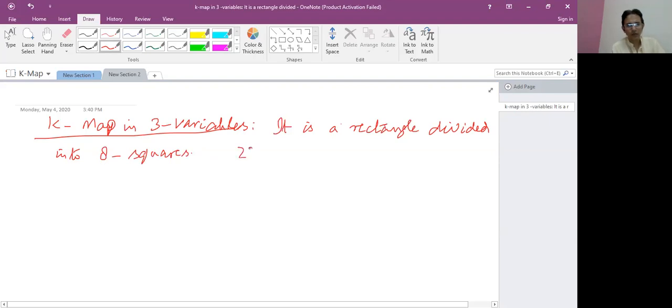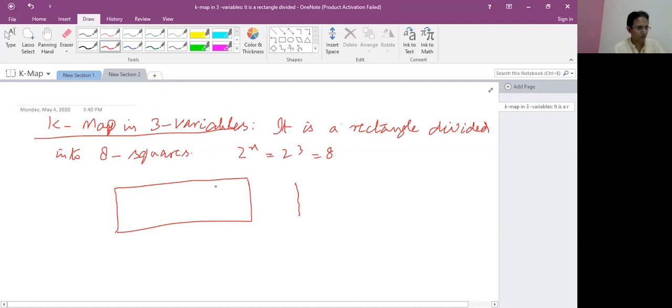It means 2 raised to the power n, 2 raised to the power 3. We draw a rectangle shape. One, 2, 3, 4, and 4 are 8.